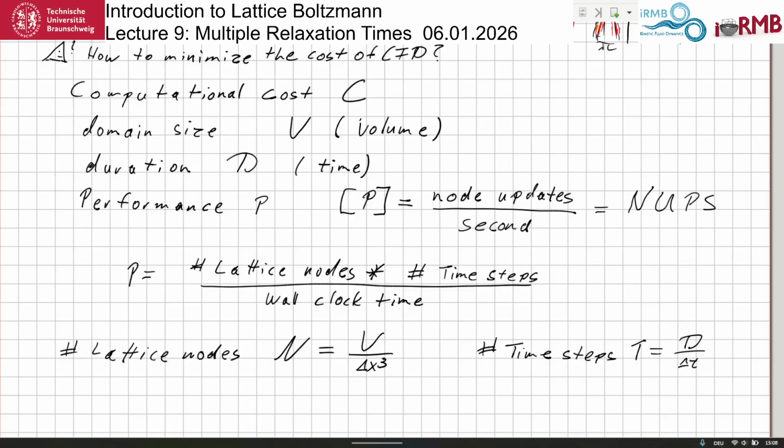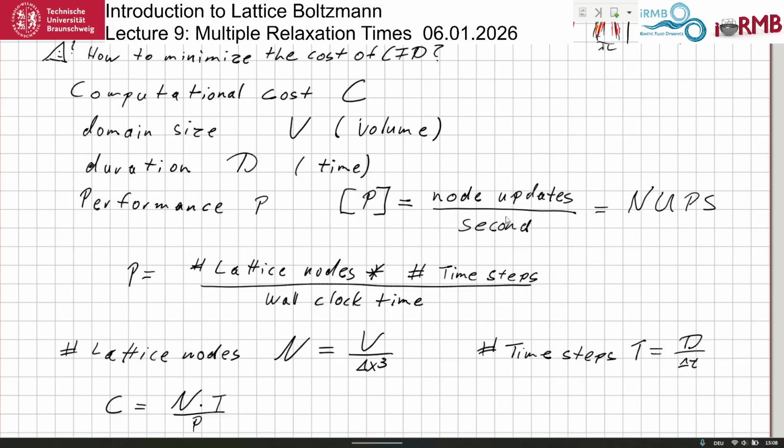Then the computational cost C can be written as the load that we have, namely n times t, divided by the performance. This is our cost.